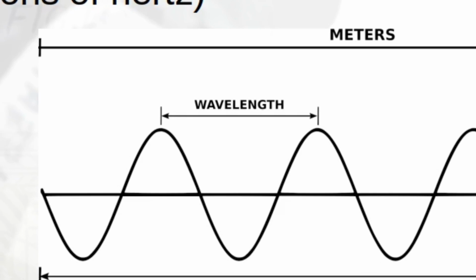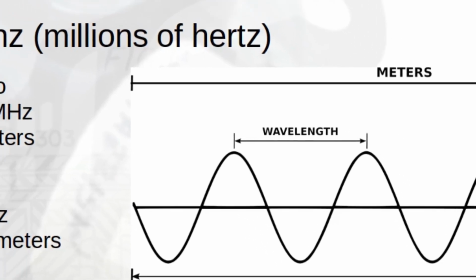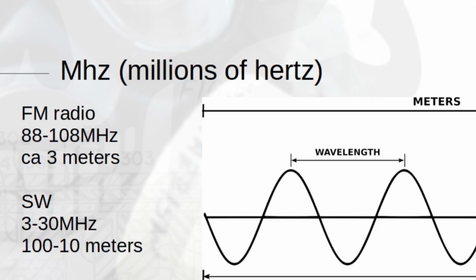So for FM radio, which is what you would be listening to in your car, you have 88 to 108 megahertz. That means that you have between 88 and 108 million of these waves every second in the signal. And between each of these wave peaks, there will be a distance of about 3 meters in this invisible wave.